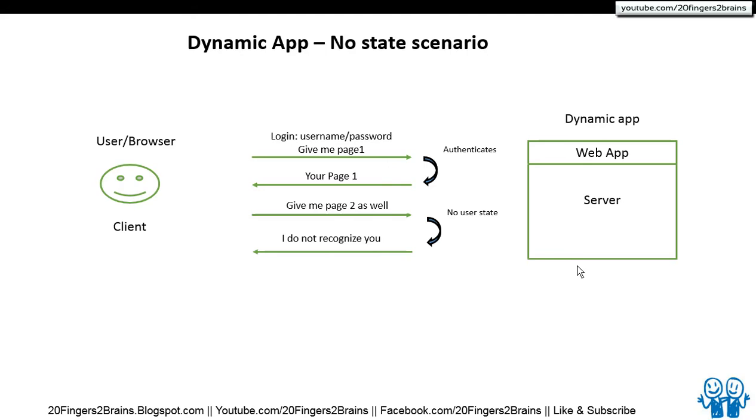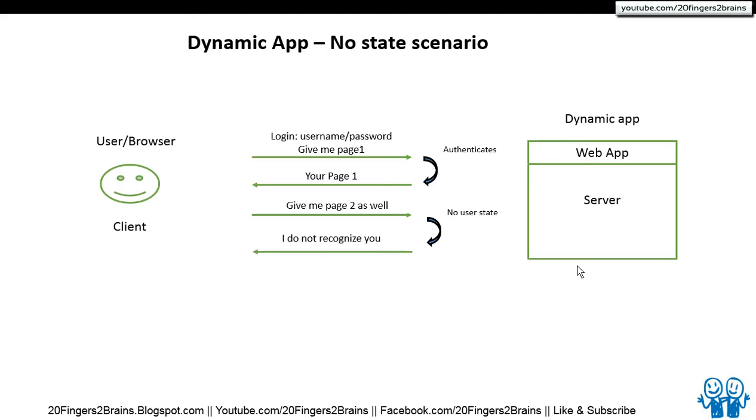And you might be thinking, when I went through my banking site or when I purchased something on a shopping site, I authenticated just once and the application never asks me my username and password again. How does that happen? That happens because those applications are using a mechanism which maintains the user state and makes HTTP look like a stateful protocol.